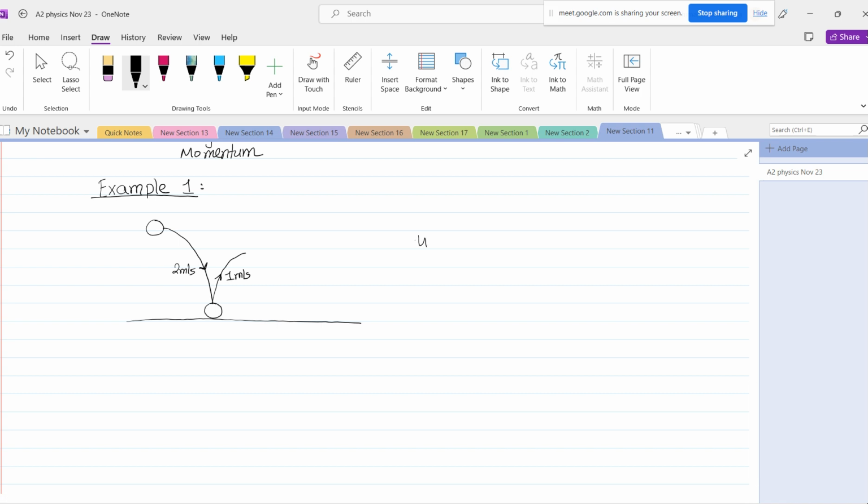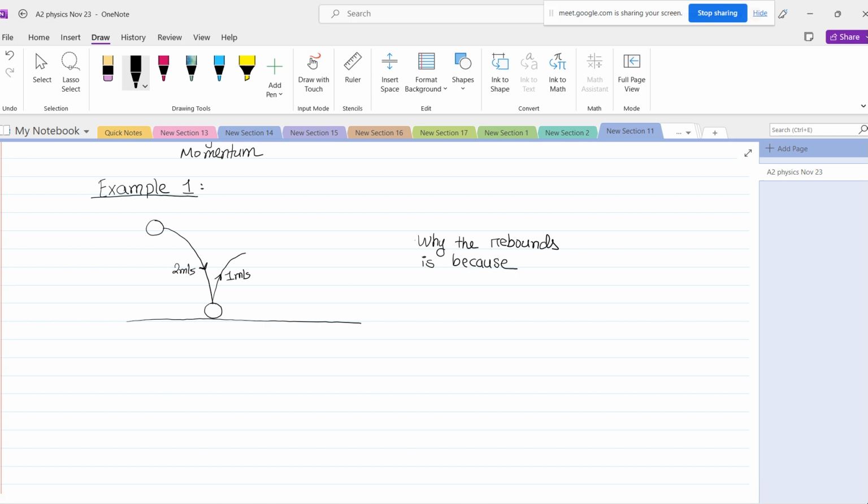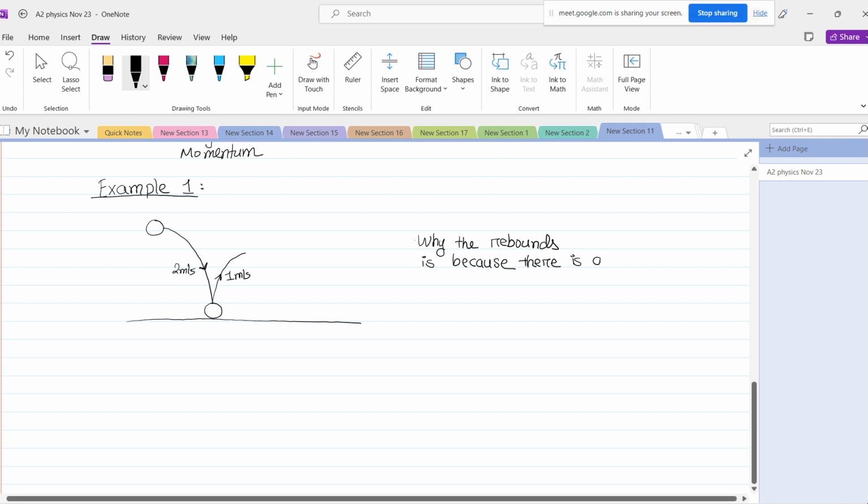So why does the ball rebound? It is because there is a force exerted on the ball by the ground.